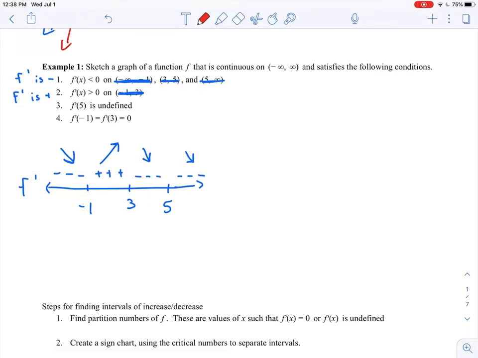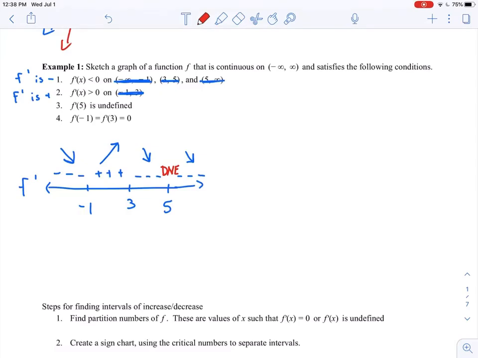So you can write all sorts of things here. I've seen some textbooks use ND for no derivative because it is undefined at that point. You could actually write in undefined, but I always think that that's kind of wordy and makes it look ugly. Usually what I'll write is I'll say it does not exist. Our derivative does not exist at 5.